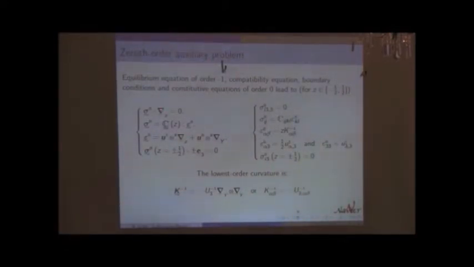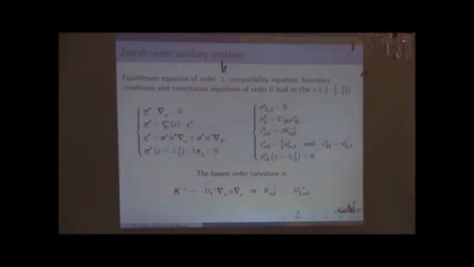This is the intrinsic notation, and this is with the indices. If you look carefully, the only coordinate is z, so it's a problem only on the z coordinate.